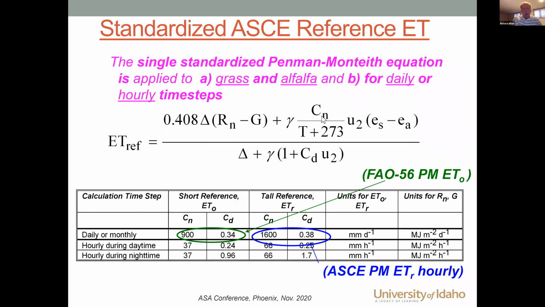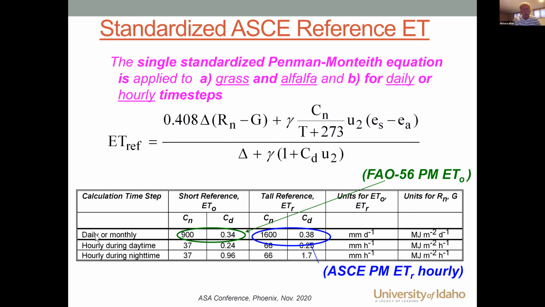A little bit about these coefficients. The standardized ASCE Penman-Monteith can be applied to both alfalfa and grass references using the same equation. It can also be applied to both hourly and 24-hour or daily time steps just by selecting a different set of coefficients. So this table shows for the short reference, which is grass, and the tall reference, which is alfalfa.